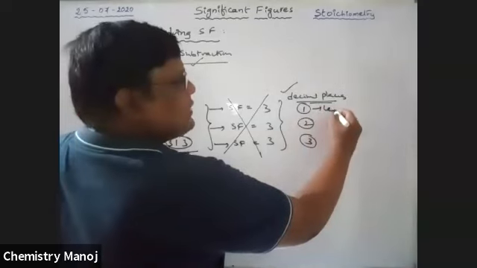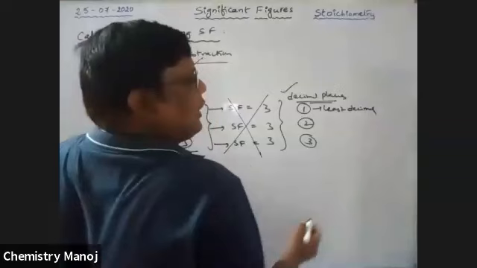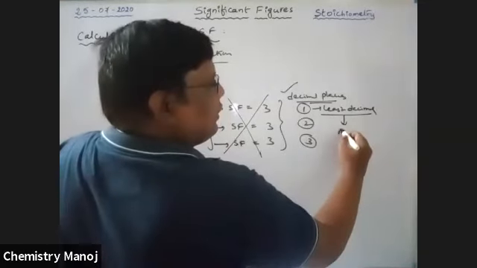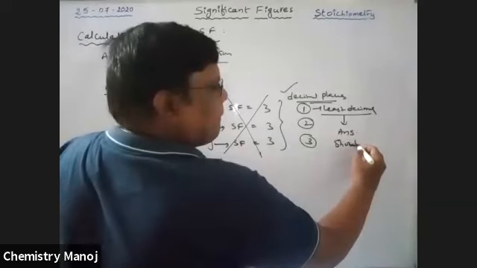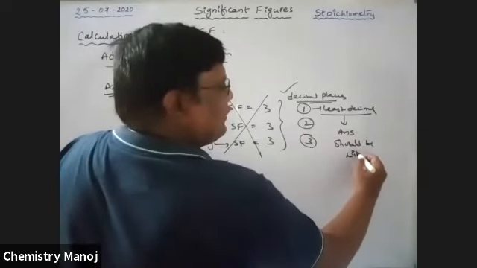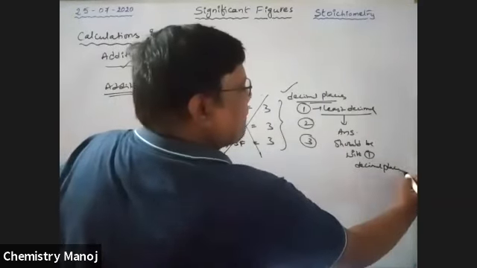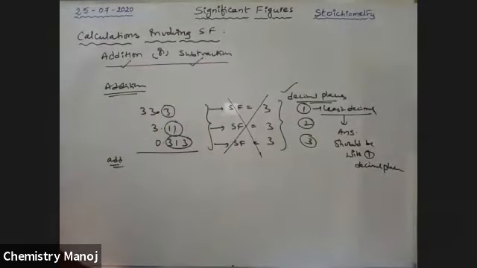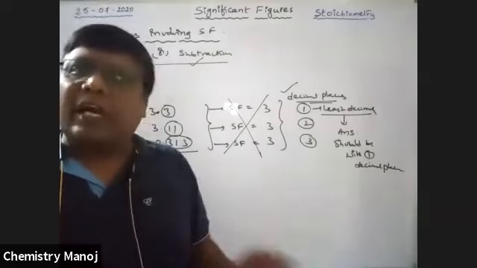So 1 is the least decimal place. Therefore, the answer should be with one decimal place, that is, rounded off up to one decimal place.